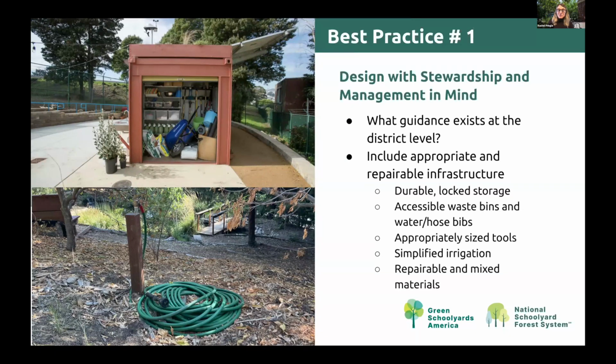School site staff and students should be consulted to ensure their ideas for long-term stewardship are heard and incorporated. Easy access to water, appropriate tools, and durable storage for those tools are all critical to think about from the start. And ensure that materials and infrastructure are repairable by using standard-sized and mixed materials, such that down the road, others can easily address needs without having to find specific things that were implemented long ago.